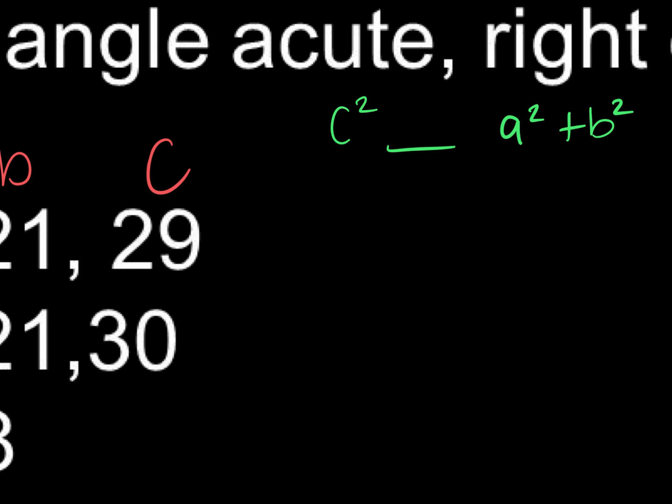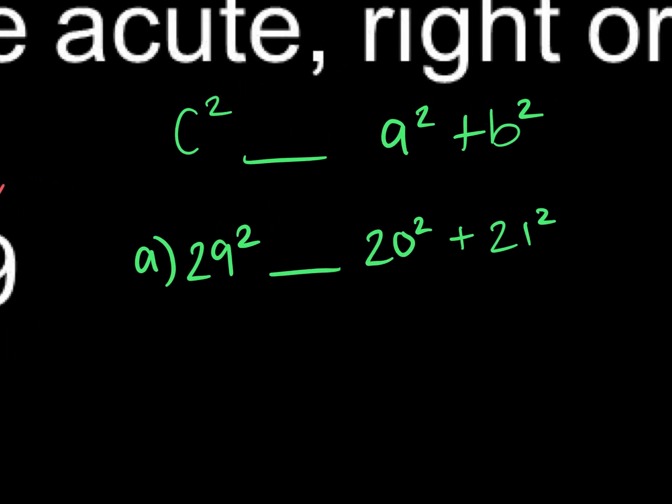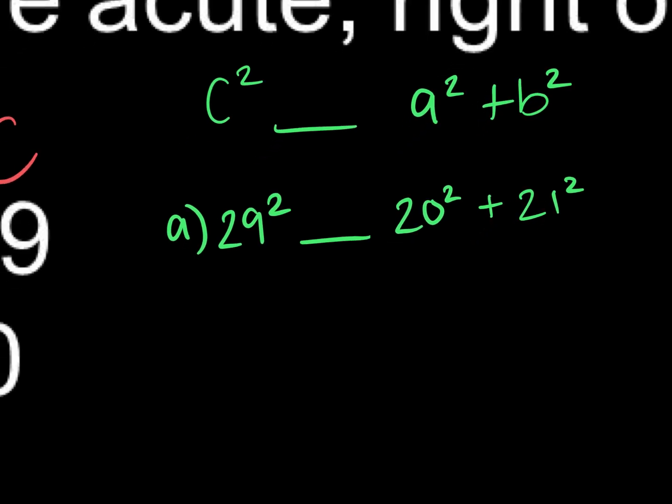So in letter A, what was C? So we're taking 29 and we're squaring it. And we're comparing that to 20 squared plus 21 squared. Does someone use their calculator, tell me what 29 squared is? 841 is correct.